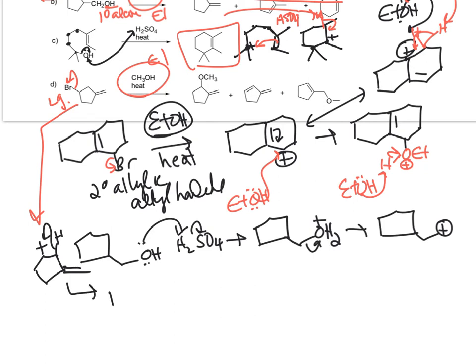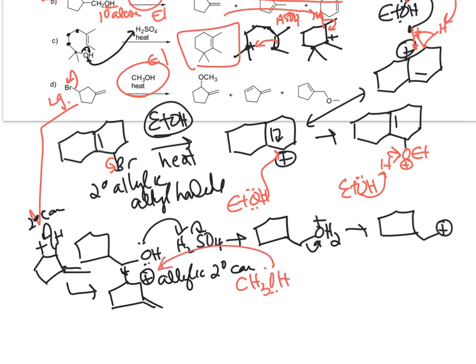The reason why you want a hydride shift is because this is a secondary carbocation, and if you get a hydride shift, now you have an allylic secondary carbocation. And so if you have methanol, which is a weak nucleophile, come in here, then you get the SN1 substitution. If the methanol takes this hydrogen away and eliminates, then you get this E1.